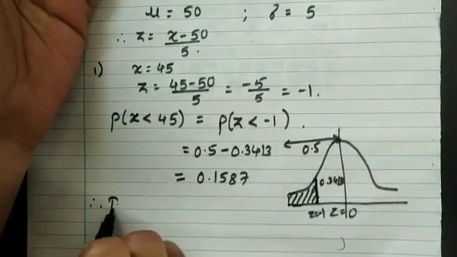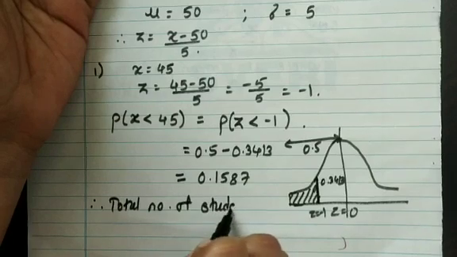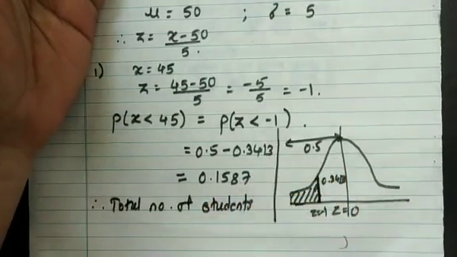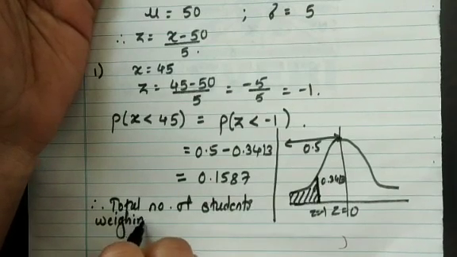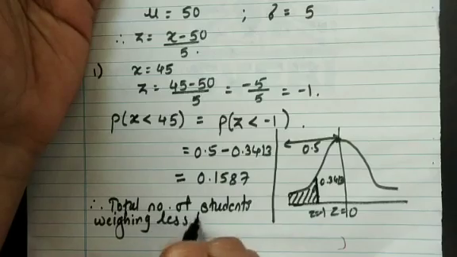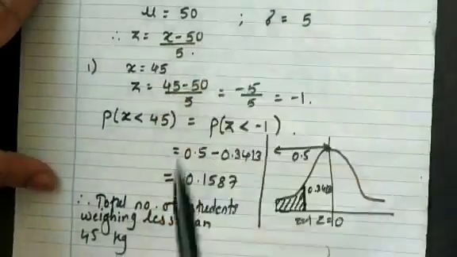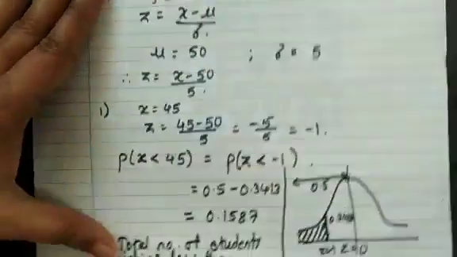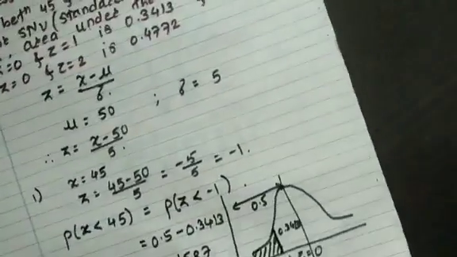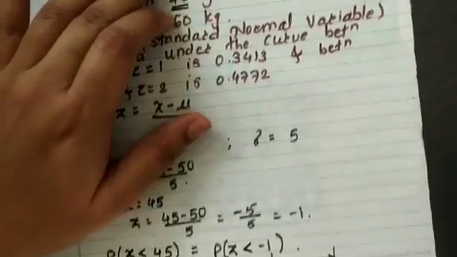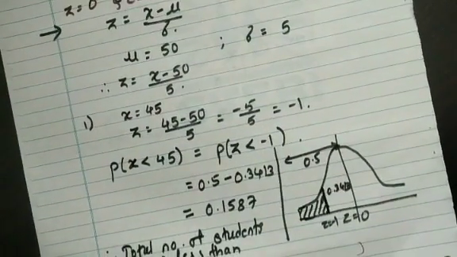Therefore, we can find the total number of students weighing less than 45 kg. Okay, this is just the probability, but it is asked the number of students, and we know the frequency. Frequency is 4000. So if we have the probability, we'll just multiply the probability by the frequency. We'll get your total number. So it is less than 45.